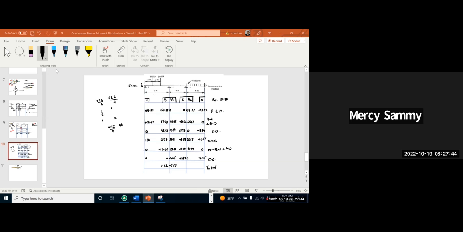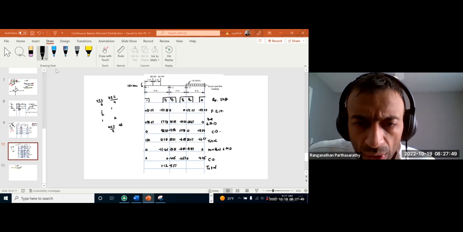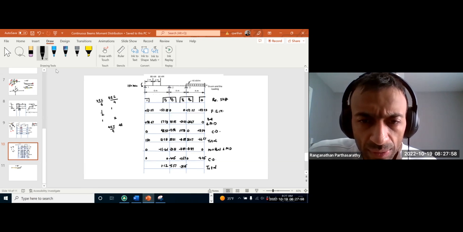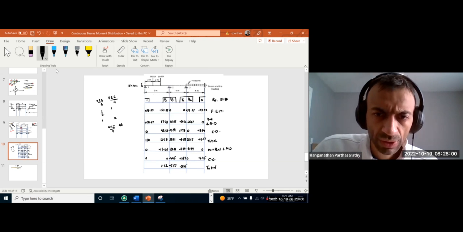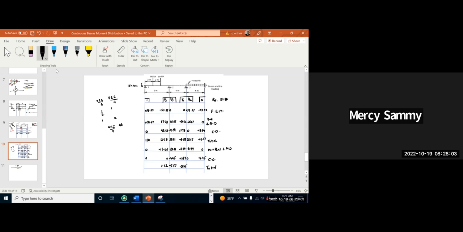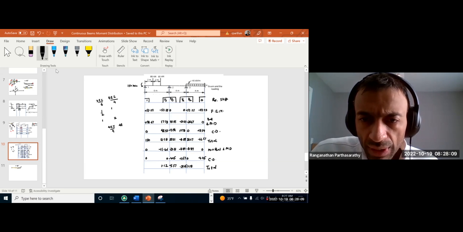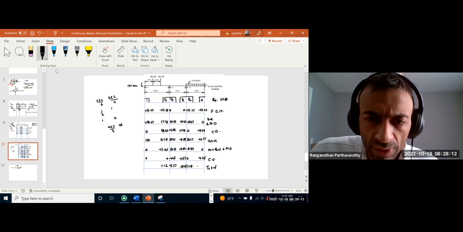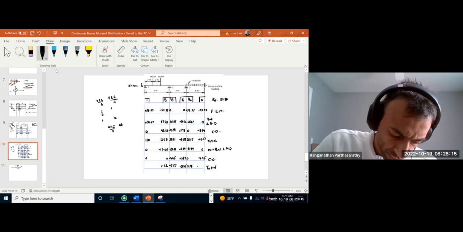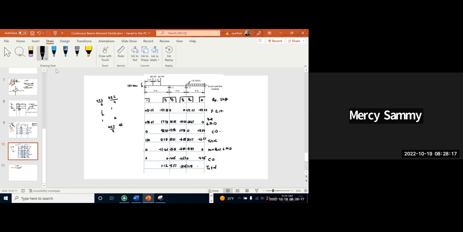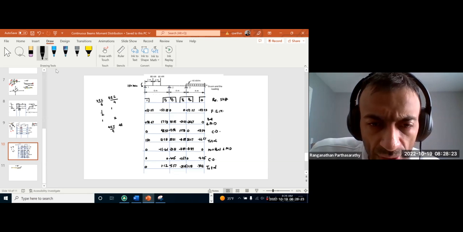And then the next one should be negative 29.45. And then that one is positive 17.78. And this one is negative 71.12. And this is just 0 again.